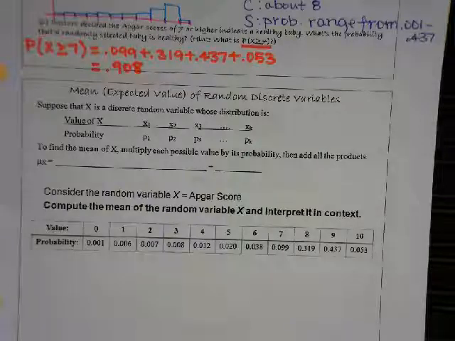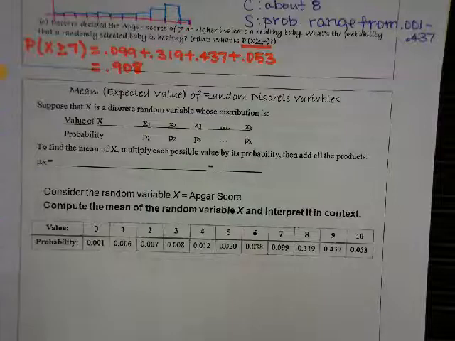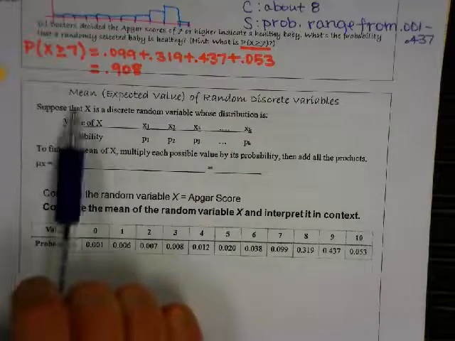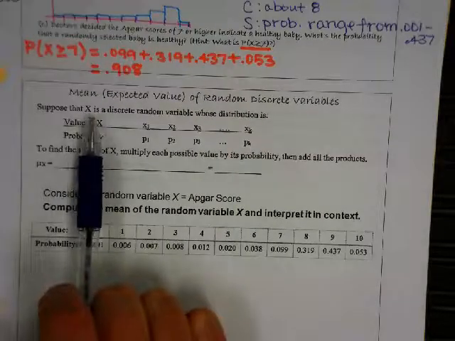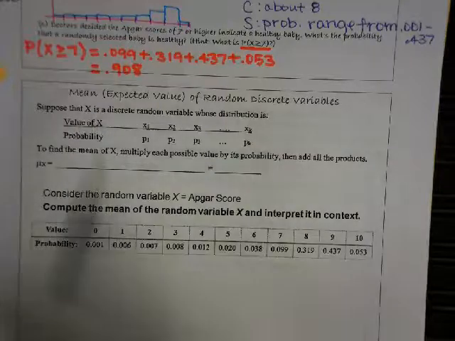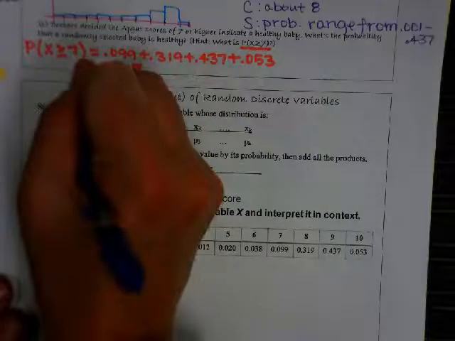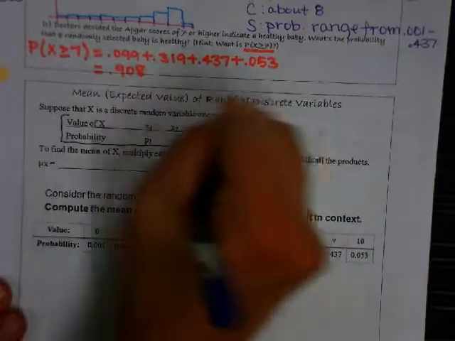So if we're working with a discrete variable, x, and we have this distribution right here, this is our probability distribution of x. Now this is just a general distribution, that's why we use variables instead of actual numbers.